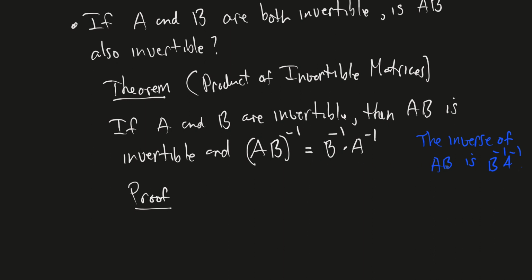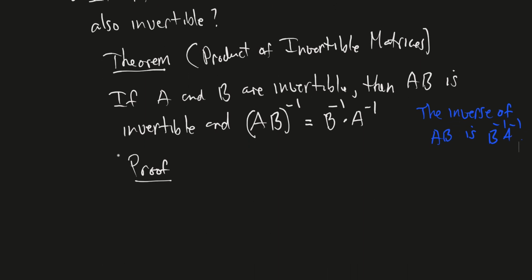In other words, why not just multiply and see if we get the identity? And we would have to do it both ways. Since this theorem gives us the formula, the proof really just comes through verifying the formula. It's still a general thing. We're not going to write down a specific A and B and check it. No, we're going to keep it symbolic. But this is what we're going to do.